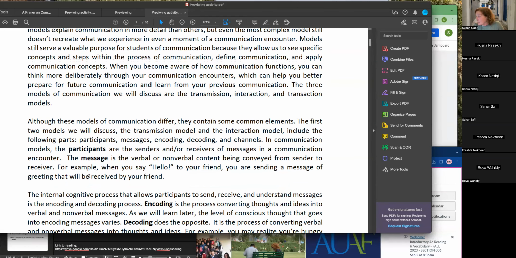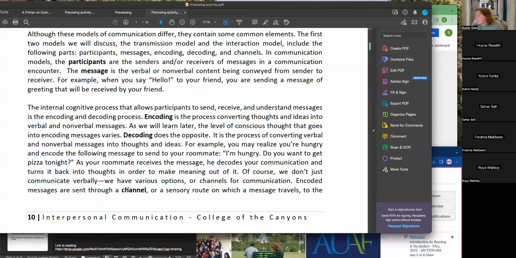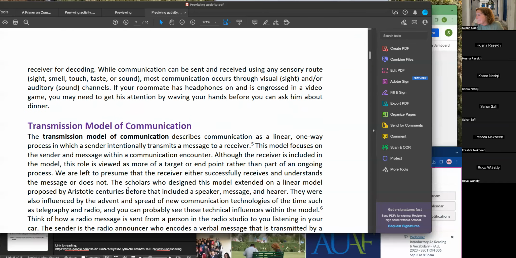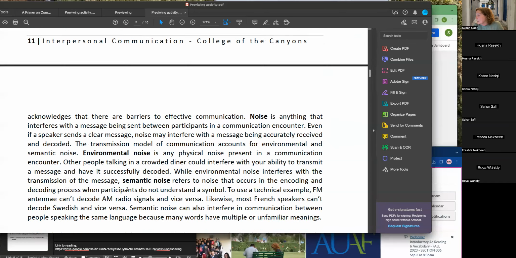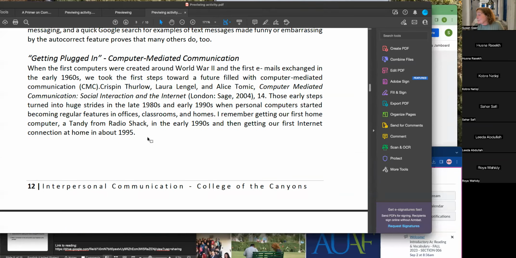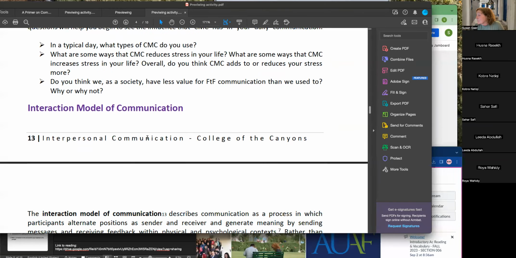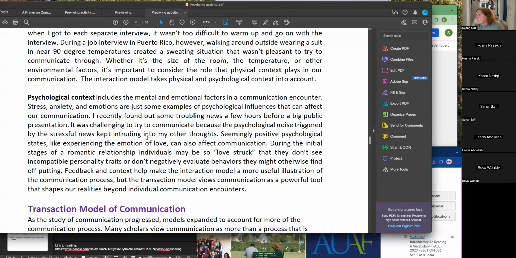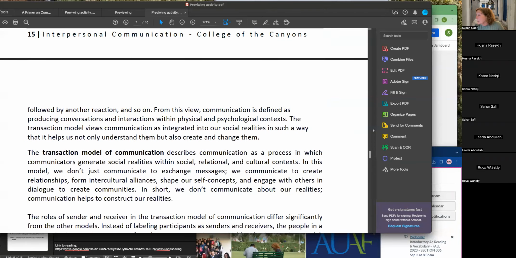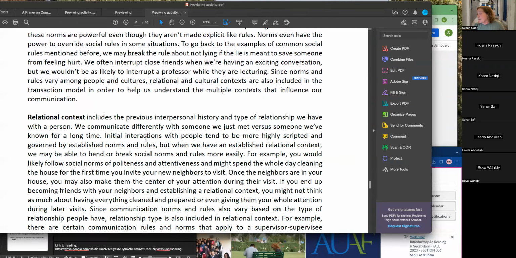Participants, message, encoding, decoding, channel, transmission model of communication, noise, environmental noise, semantic noise, kinds of noise, psychological context, physical context, feedback, interaction model of communication, relational context, psychological context, social context, cultural context. I think that's it.